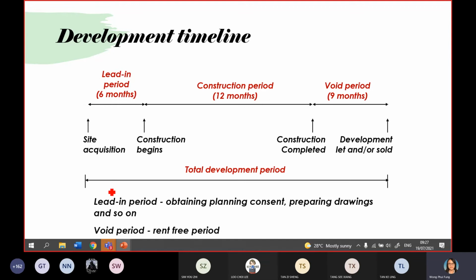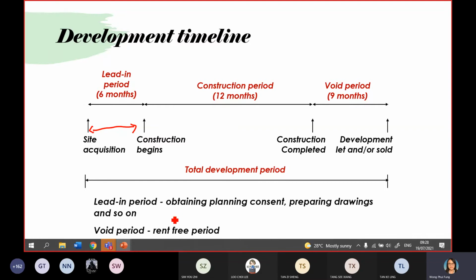Okay, so site acquisition is during this period we call the lead-in period. The lead-in period is the period for the developer to get planning consent, to get the land, to prepare the drawings and so on.